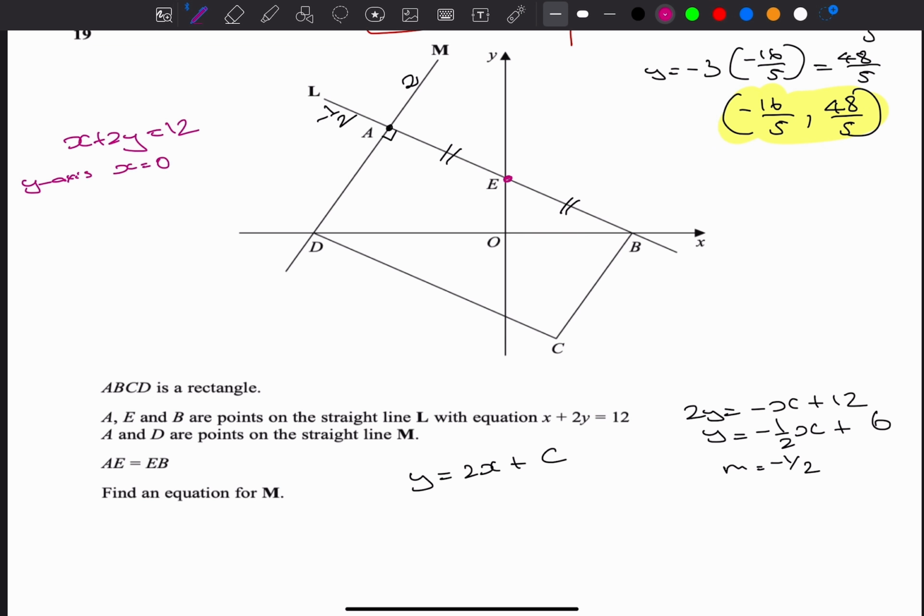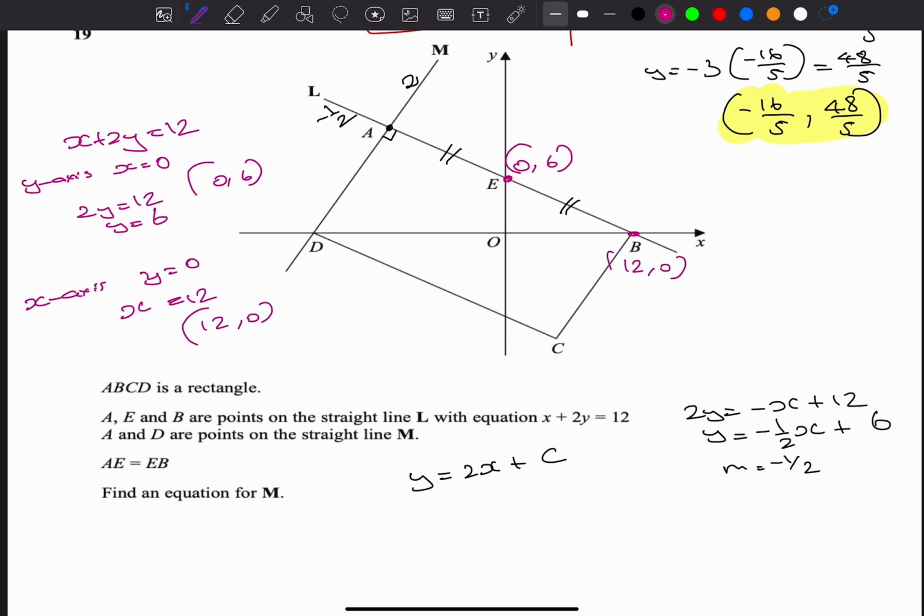So 2y is 12, y is 6. That coordinate is 0, 6. Where it crosses the x-axis, y is 0, so x plus 0 equals 12. So that's 12, 0 and that's 0, 6.